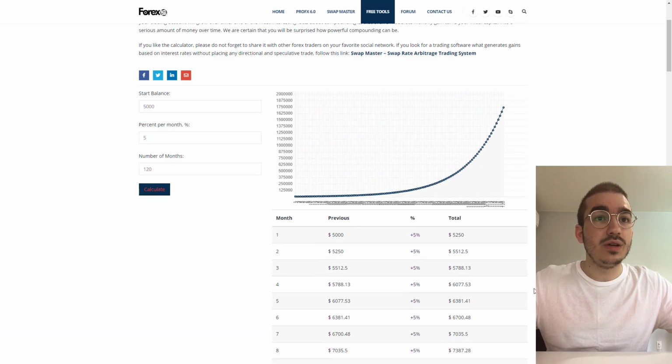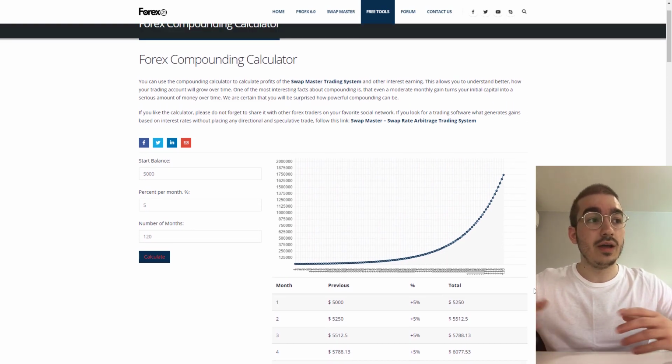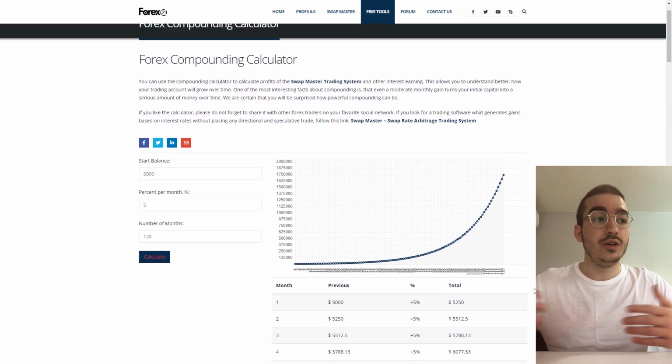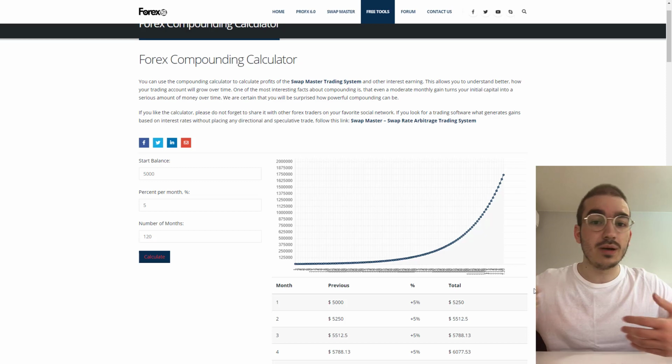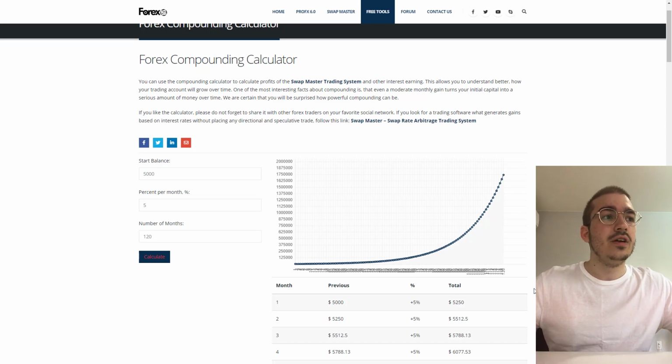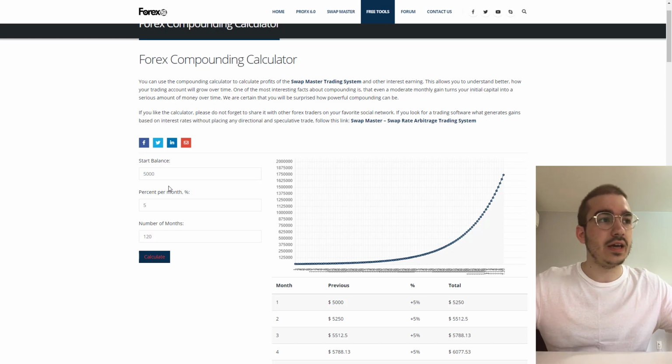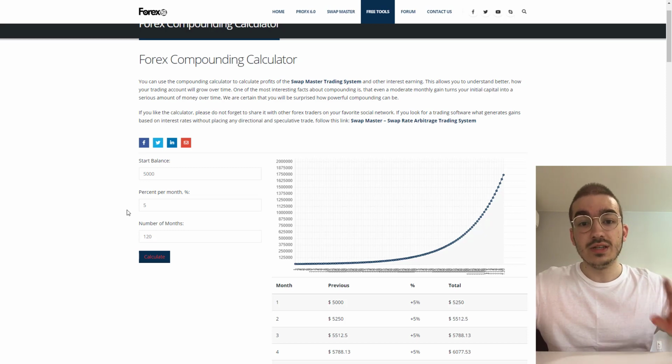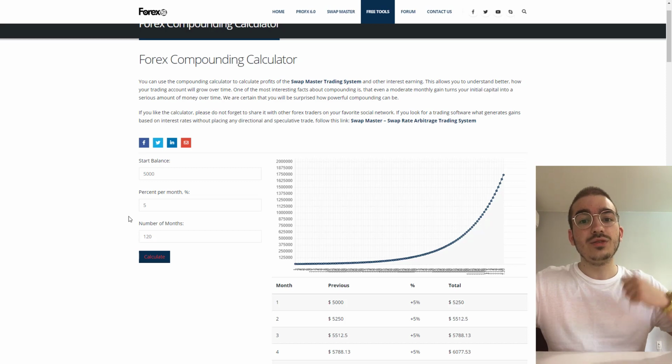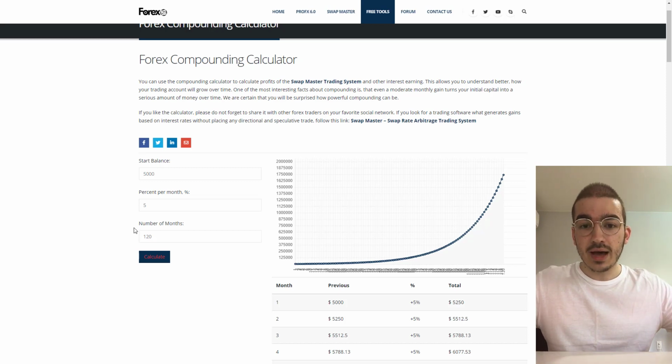Now, as I said, we can play around with these numbers and try different things to have different expectations and see what is possible to achieve. What I think is good to do is that if you have a small trading account, you can start with this, right? So whether you have 1,000 or 2,000 or 5,000, you can start with this. But what would be good in this situation is that you try to add a certain amount every month into your account so that it goes faster at the beginning.